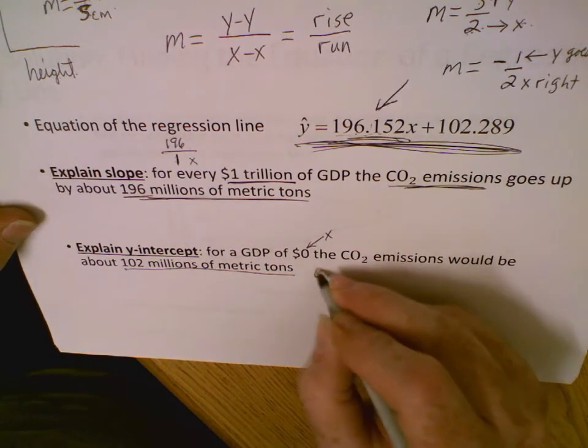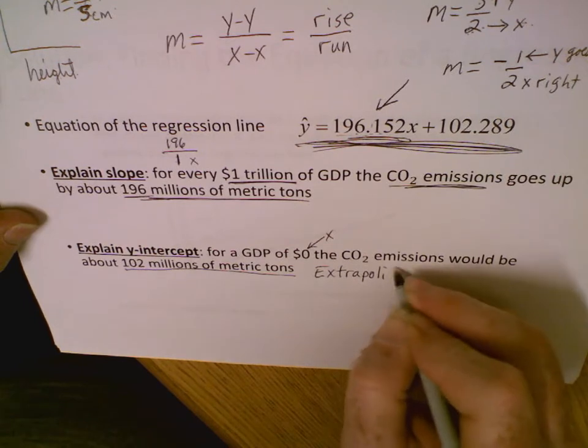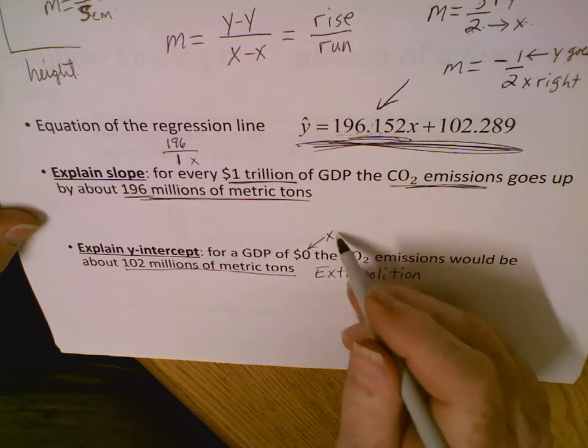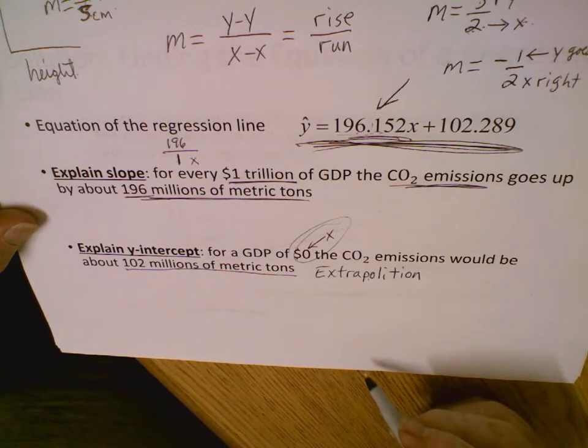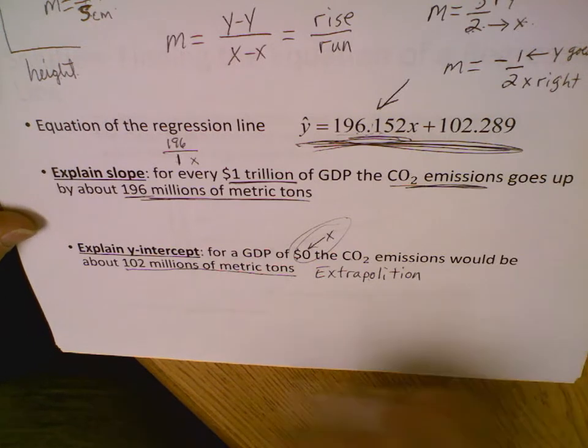Again, this is an extrapolation. We talked about extrapolation, and I'm going to mention it again here in just a minute. This is an extrapolation because we didn't have any countries in our data that said the GDP was 0. So we're predicting outside the data.